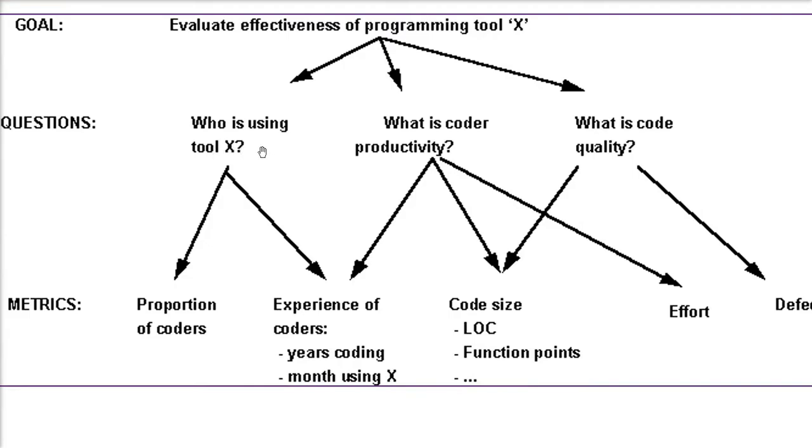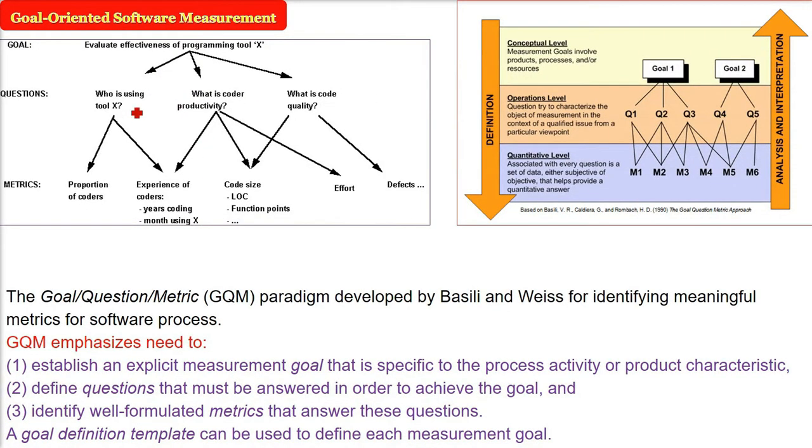Now the first question that can come is, who is using this tool X? It can be Python. Say 100 people are there, and 20 of them are coders. Now the experience of the coders: some of them may have 5 years of experience, some of them may have say 3 years of experience.